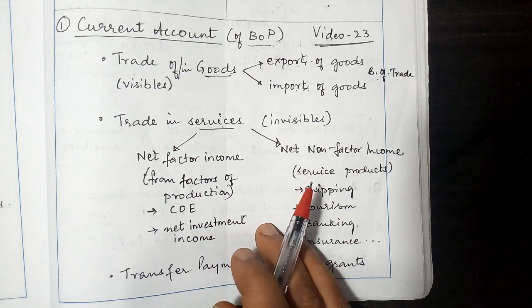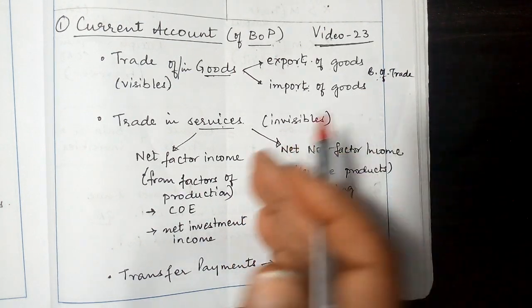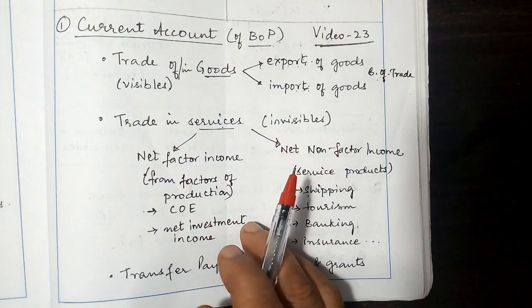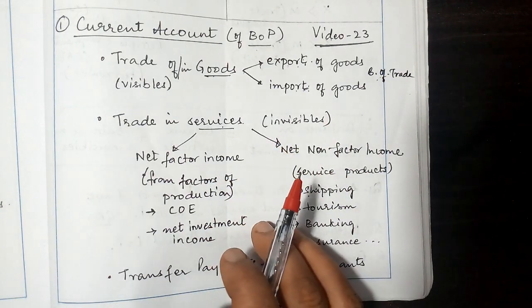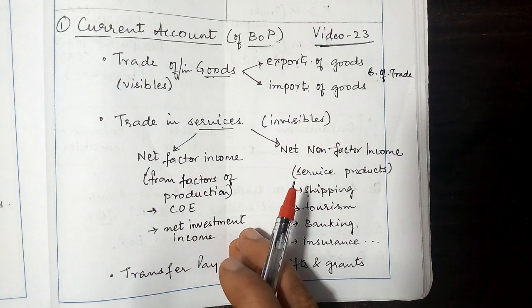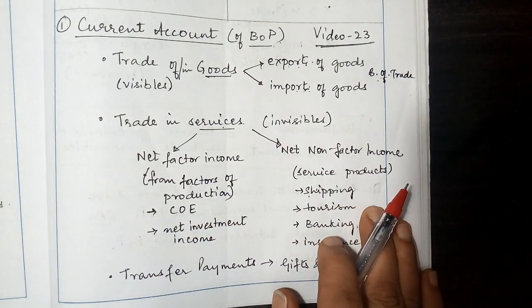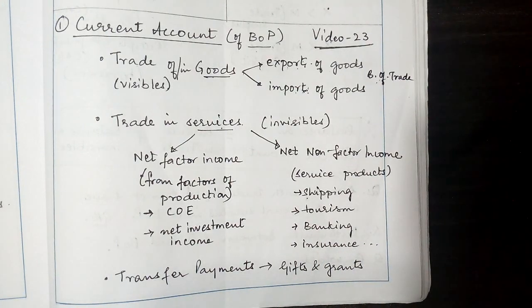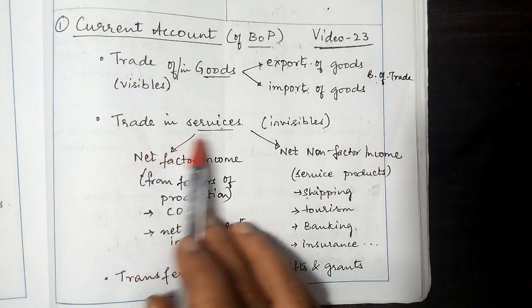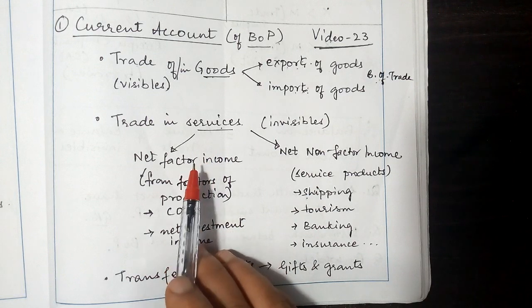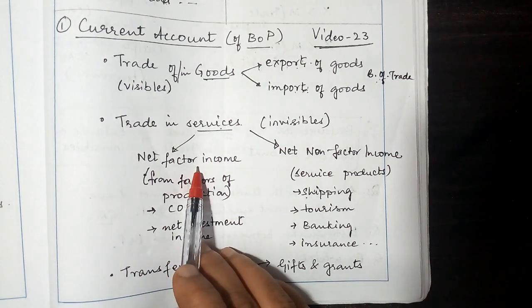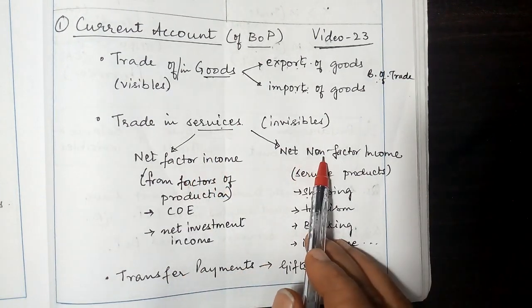It is the difference between the value of exports and imports of invisibles. So these include services, transfers, and flow of income. Now trade in services includes both net factor income and net non-factor income.